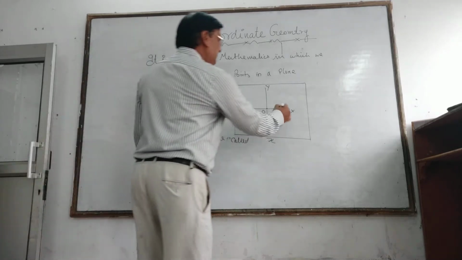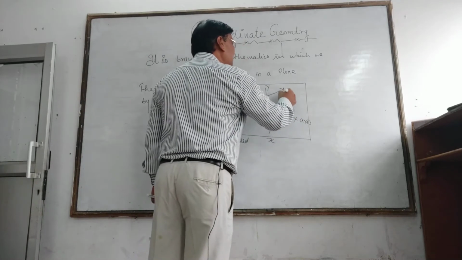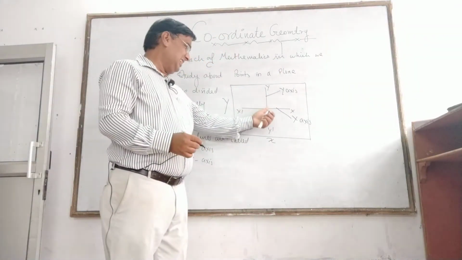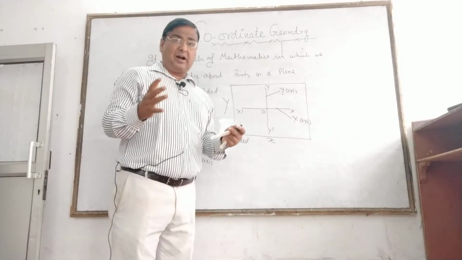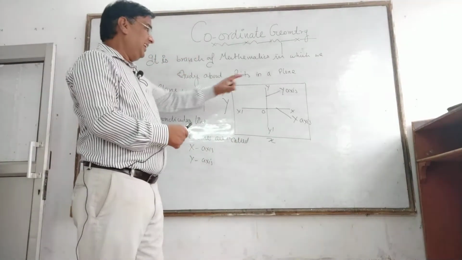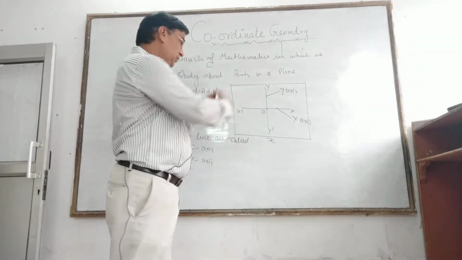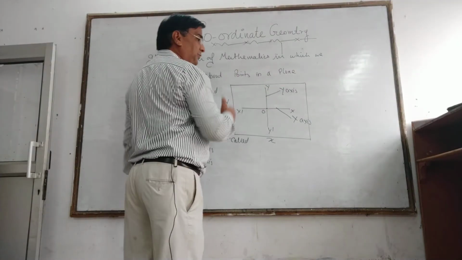Look here, this is the x-axis, this is the y-axis, and where they intersect, that point is known as the origin. So, if we want to locate any point in the plane, we use the Cartesian plane, those mutually perpendicular lines, to locate that point.